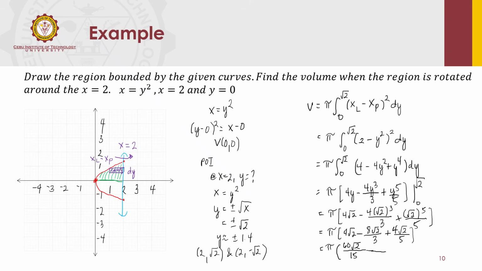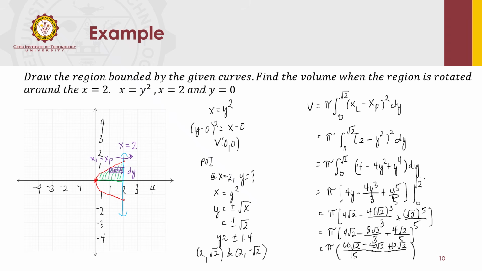For the last term, that's 15 divided by 5, 3 times 4, so that's 12 square root of 2. So that's 60 minus 40, 20 plus 12. So that's 32 square root of 2 over 15 times pi.